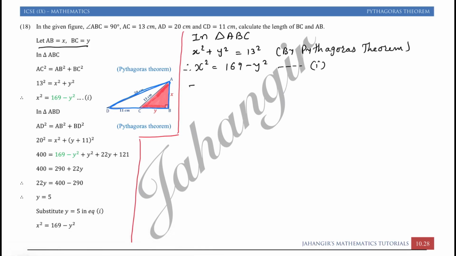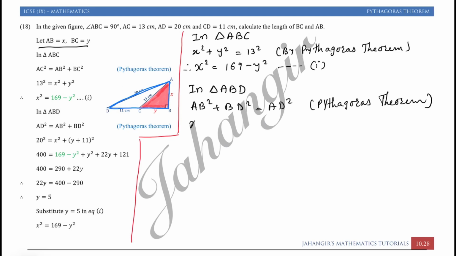So I can say in triangle ABD, AB square plus BD square is equal to AD square. This is again Pythagoras theorem. So AB can be written as x square, you can see on the diagram. BD is y plus 11, plus y plus 11 whole square is equal to AD, which is 20 square.